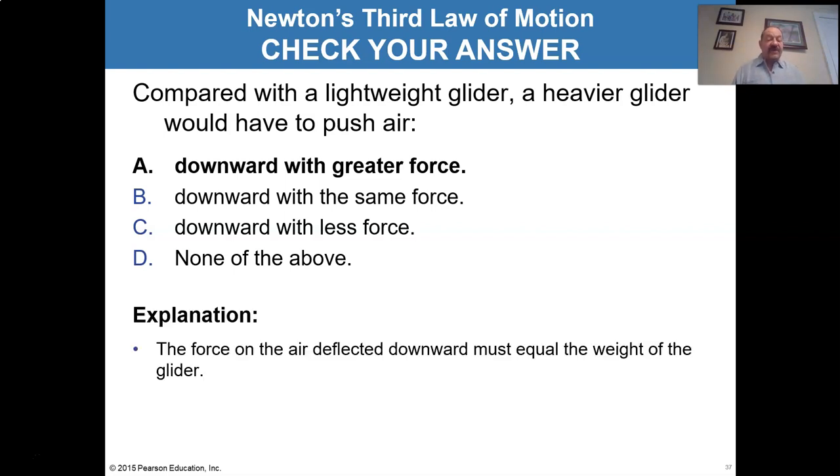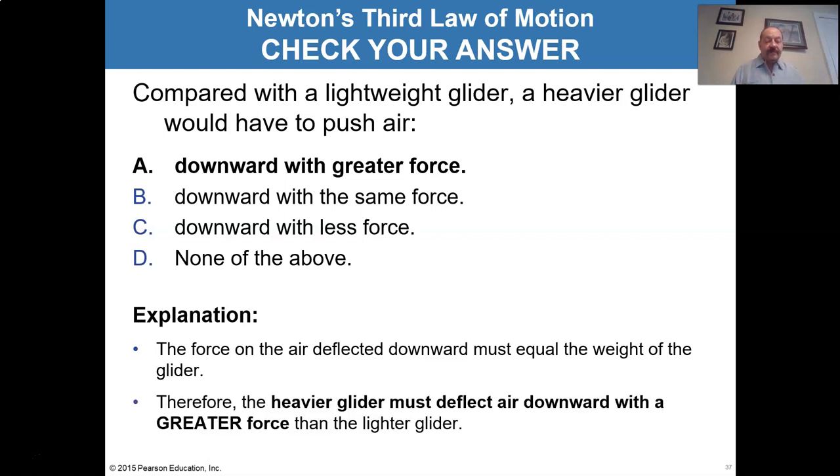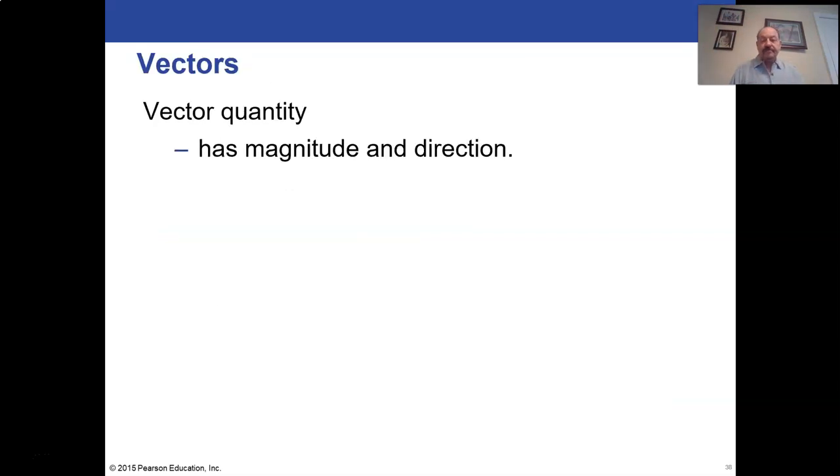So the force of the air deflected downward has to equal the weight of the glider. The heavier glider must deflect air downward with a greater force than the lighter glider does, so that they both end up either moving up, accelerating up, or even hovering. It's just a greater threshold they have to reach.